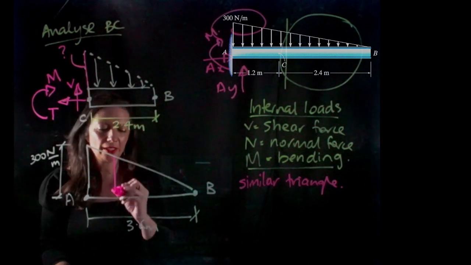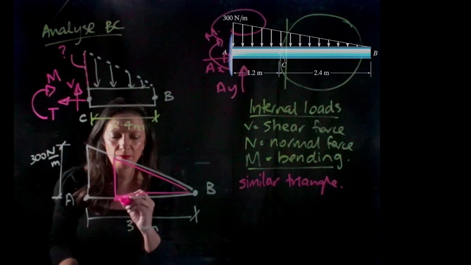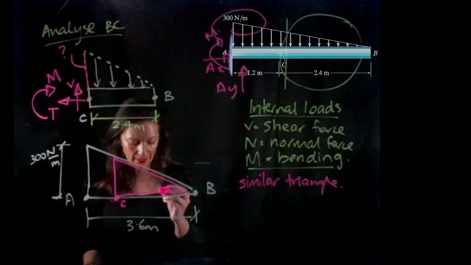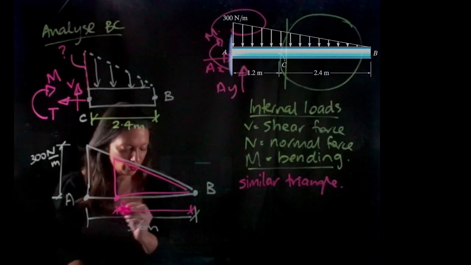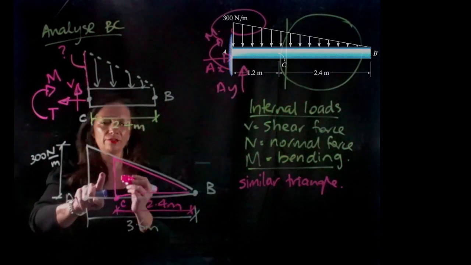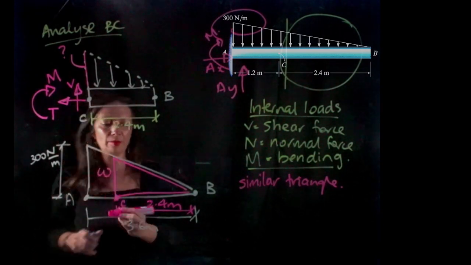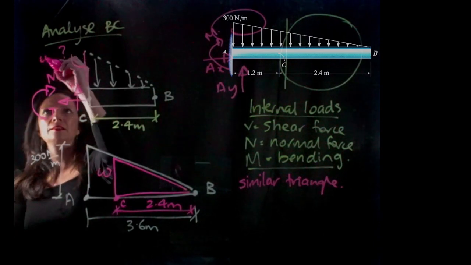So here is my other triangle, and this is at point C, and here I have 2.4 metres. And I need to find omega. So this is omega here.